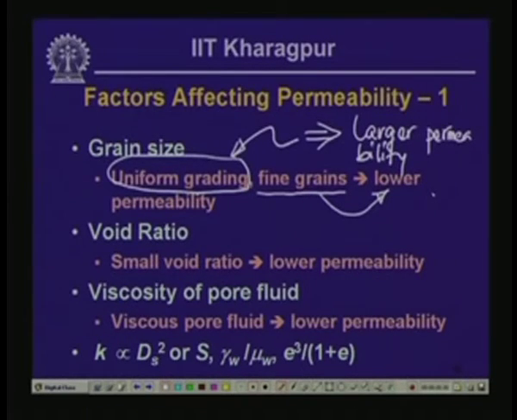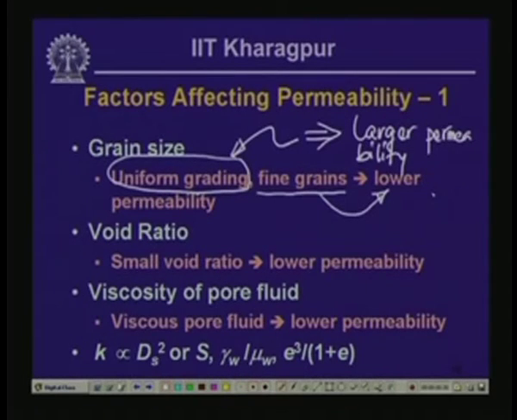So in order to summarize all these things that we mentioned, permeability K is going to be proportional to the square, in fact, of the representative grain size, or the surface area of the particles. So if you have got a very large surface area, you are going to have a smaller permeability.